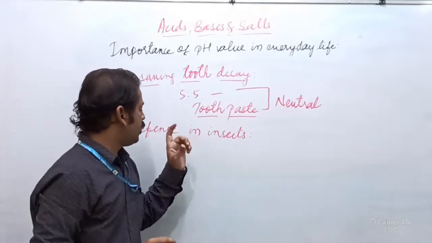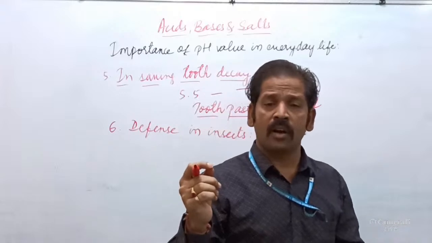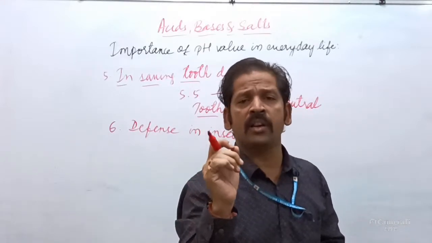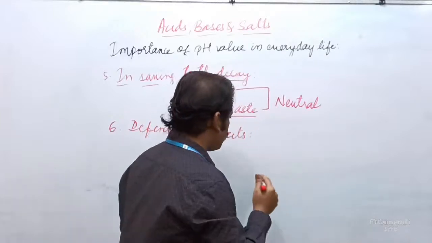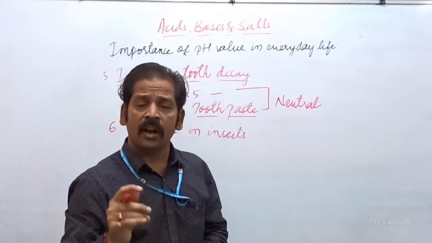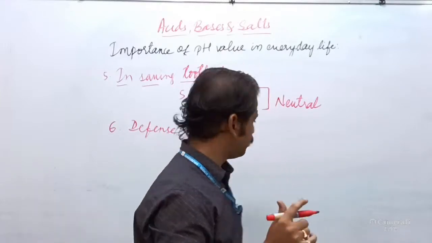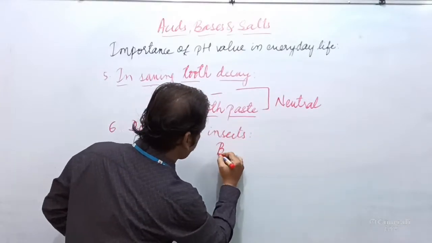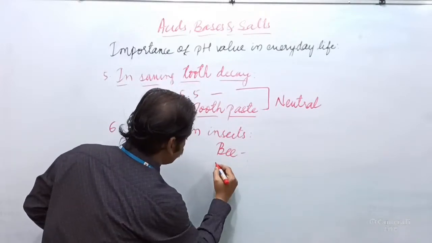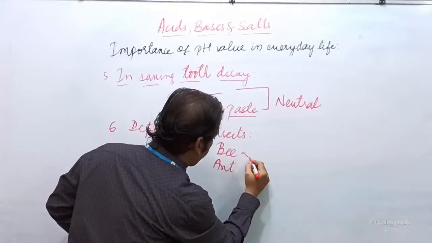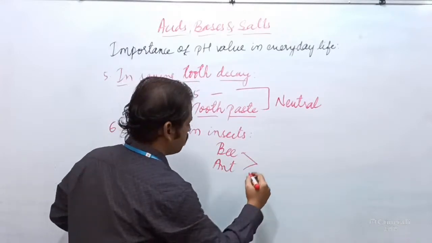Insects, especially bees, small termites or small ants, all contain a chemical called methanoic acid, in the bee sting. It is also called formic acid.